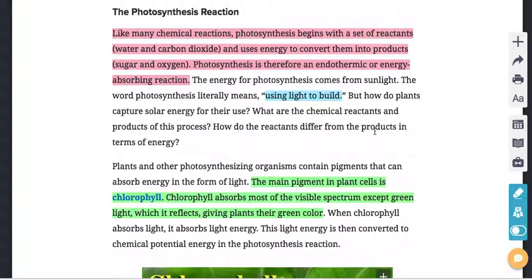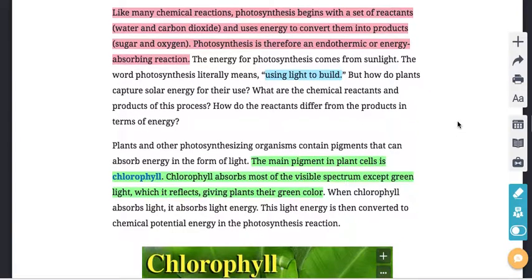Okay, so photosynthesis starts with reactants, which are water and carbon dioxide, and then uses energy from the sun to convert it into sugar and oxygen. That means photosynthesis is basically endothermic, endo meaning taking in, and therm meaning heat or energy.